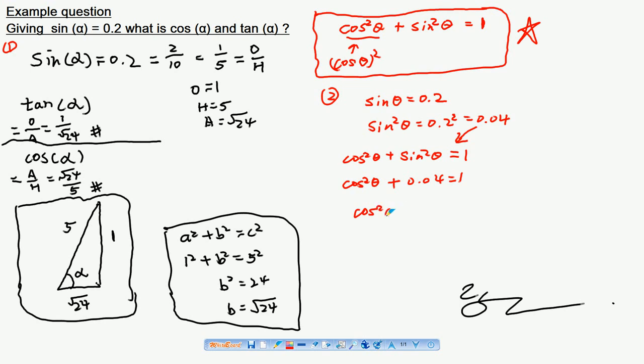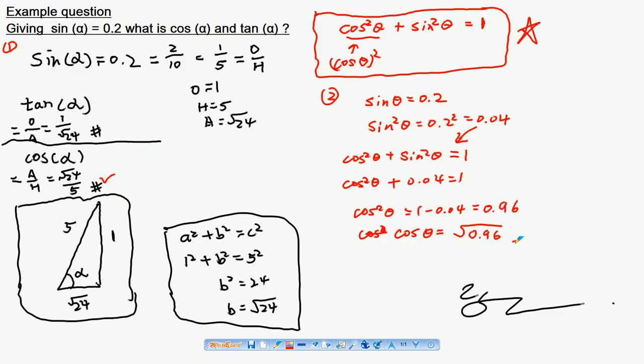Cosine theta square equals 1 minus 0.04, which equals 0.96, and cosine theta equals the square root of 0.96, which is the same as the answer there. If you put it in the calculator, it should be the same.